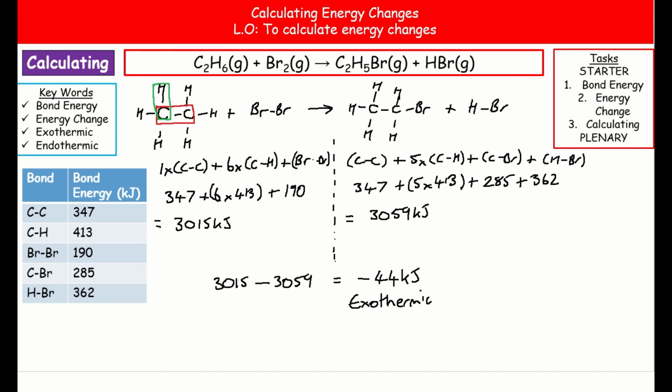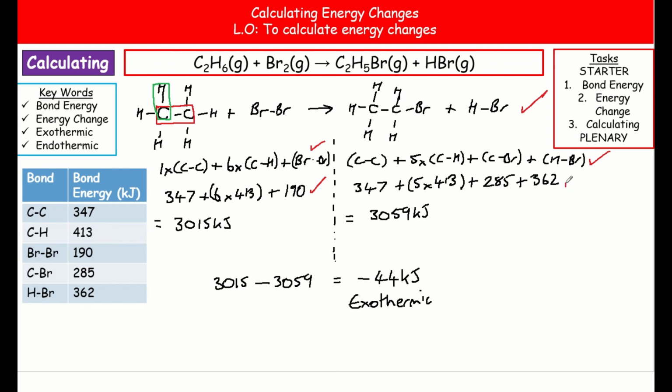So in terms of how you're going to get the marks, if you got your balanced equation then converted into the displayed formulas, have a mark for that. If you got your numbers of bonds on the reactants, a mark for those. Number of bonds for your products, a mark for those.